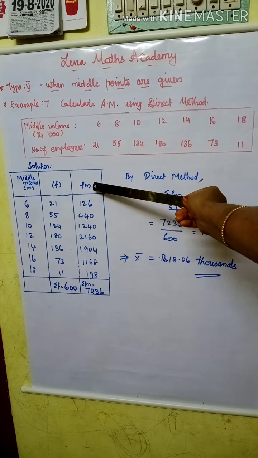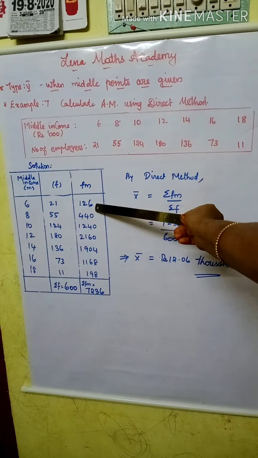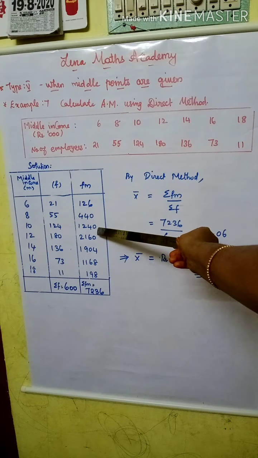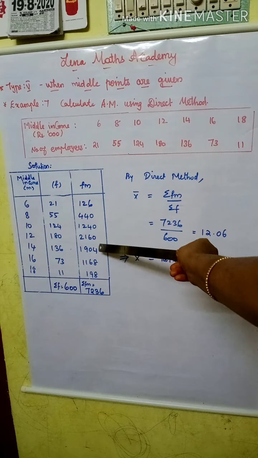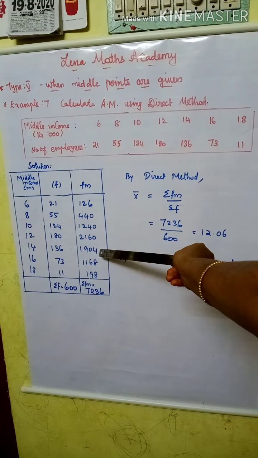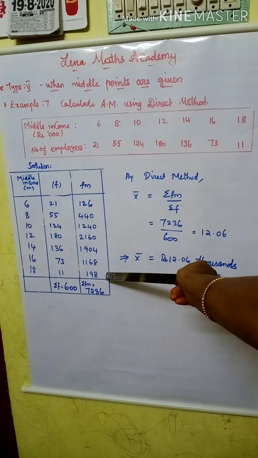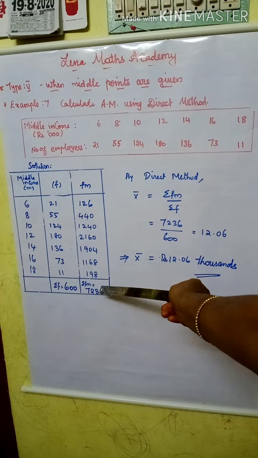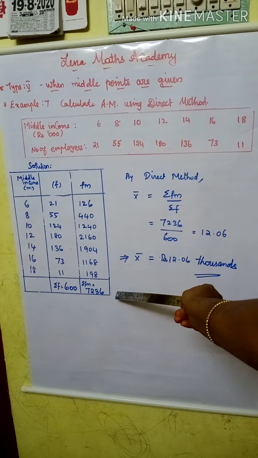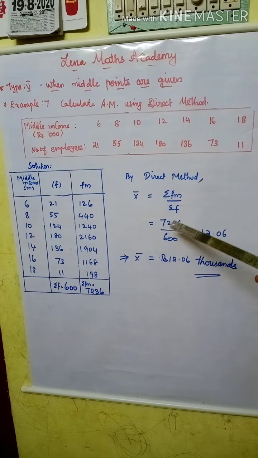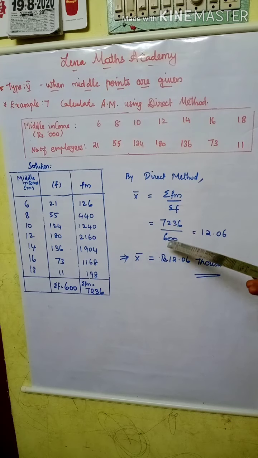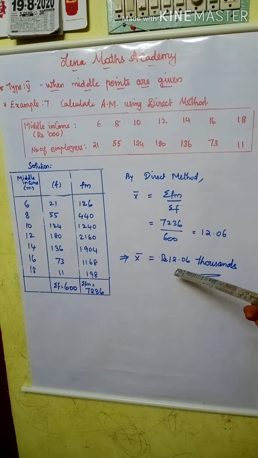The products of frequency and mid value are 126, 440, 1240, 2160, 1904, 1168, 198. So summation of f is 600, summation of fm is 7236. So x bar equals 7236 divided by 600, 12.06.